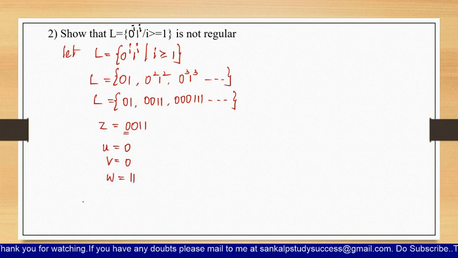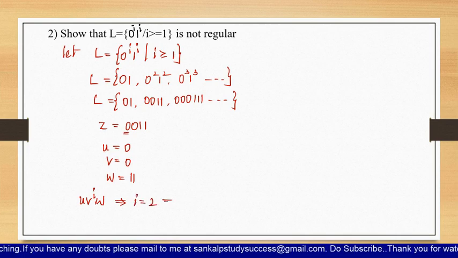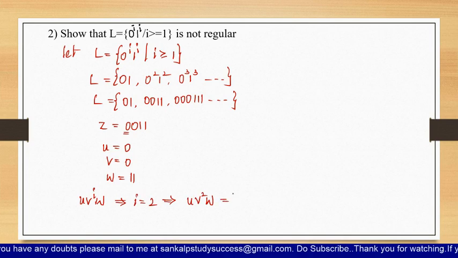So now we need to find u, v power i and w. Let us consider i equals 2, that is u, v square, w, where u is 0, v square is 0 square, and w is 11.